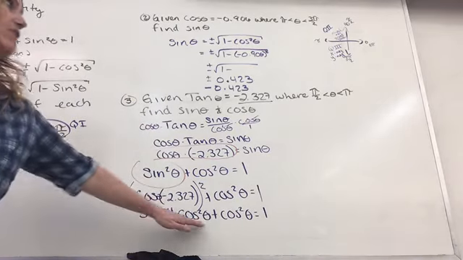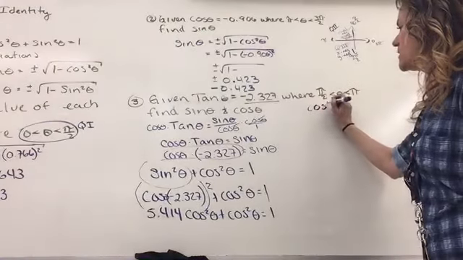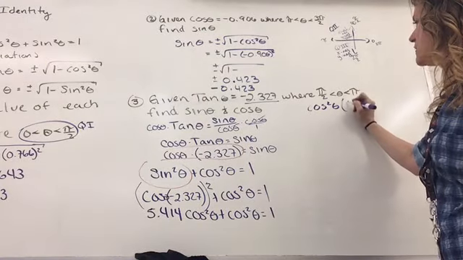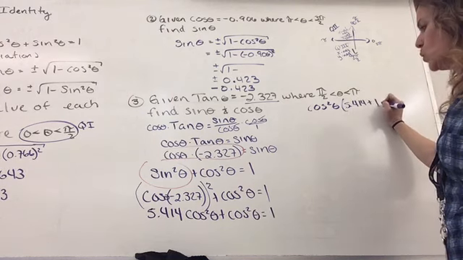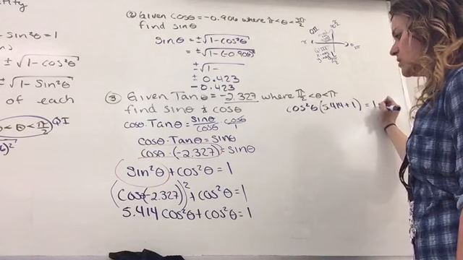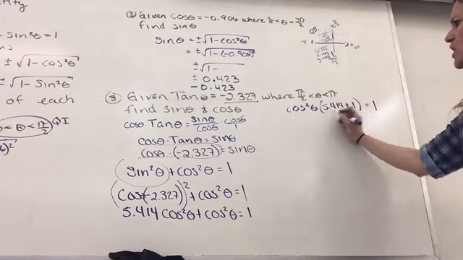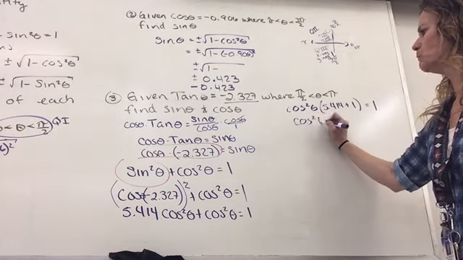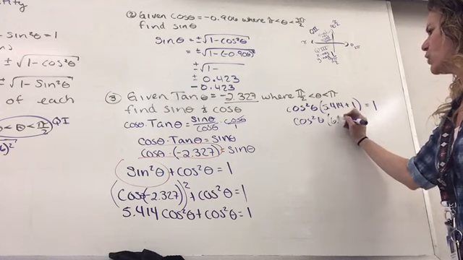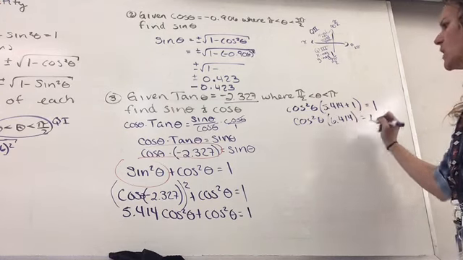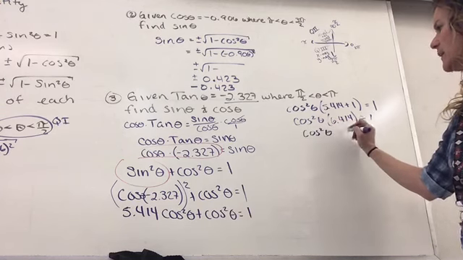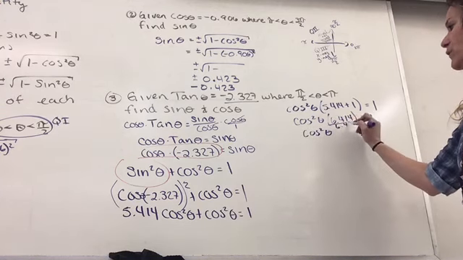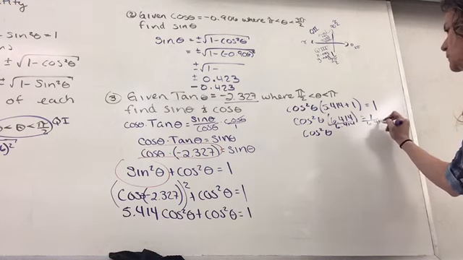I'm going to factor out. They have a common factor of cosine squared theta. So I'm going to take out my cosine squared theta. That leaves me with 5.414 plus 1 times cosine squared theta equals 1. So when I add that together, I get 6.414 cosine squared theta equals 1. I'm going to solve for the cosine squared theta by dividing out that 6.414 on both sides.